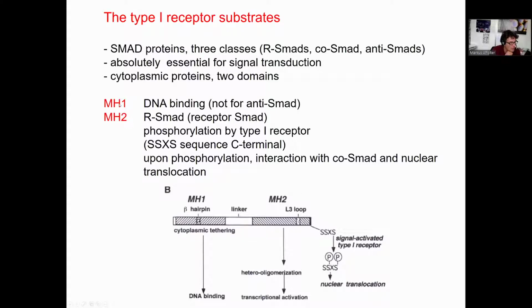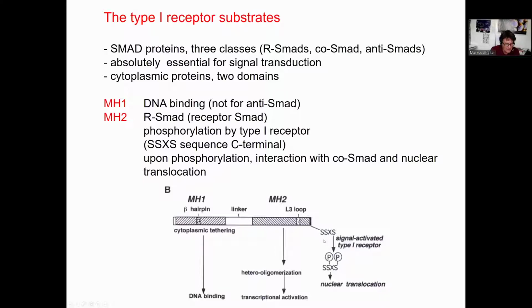The MH2 domain of the SMAD protein has an SSXS sequence at the very C terminus. And since Thick veins is a serine threonine kinase, and this sticks out of the structure at one end of the peptide, this was a good candidate to be phosphorylated, and indeed these two serines are phosphorylated by the type 1 receptor.